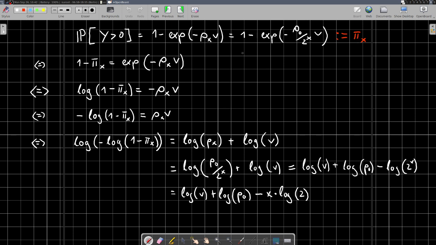Then we can do some reformulation steps in order to obtain on the right side a linear expression in x, the number of dilution steps, and on the left hand side we're going to have our link function for pi x, the probability of agar plate being infected.